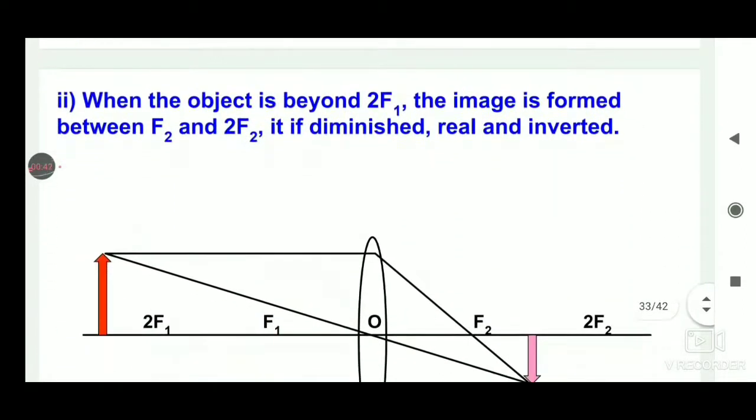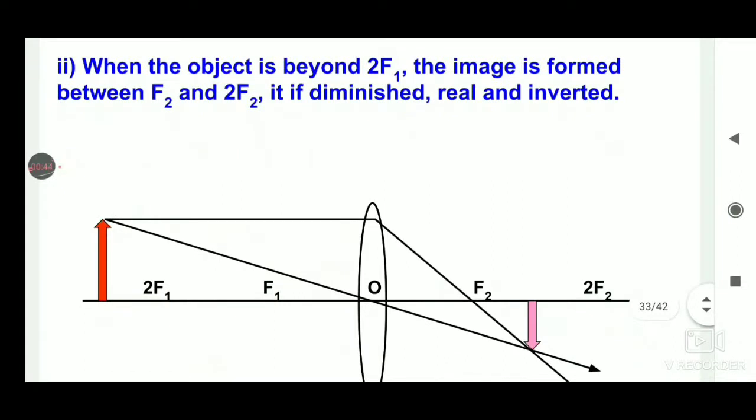Second case, when the object is beyond 2f1 as shown by the red arrow, then the image is formed between f2 and 2f2, and as in the first case, the image will be diminished, real and inverted.